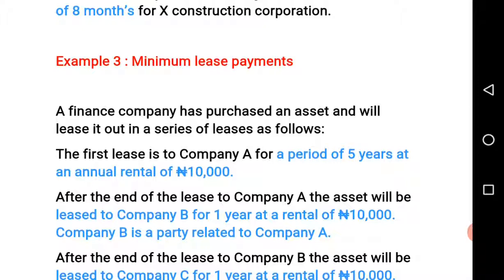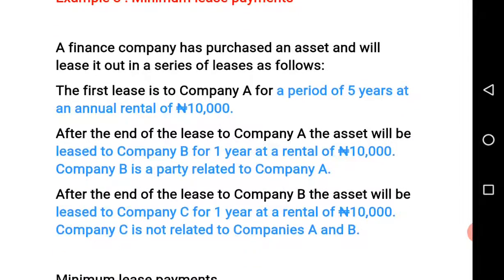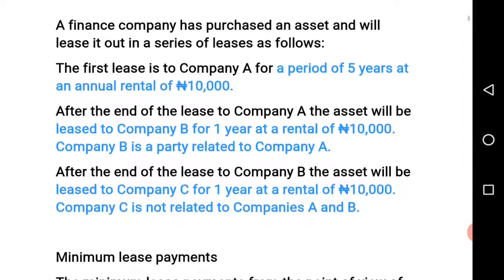Company B is a party related to Company A. After the end of the lease to Company B, the assets will be leased to Company C for 1 year at a rental of 10,000 naira also. Company C is not related to Company A and B.